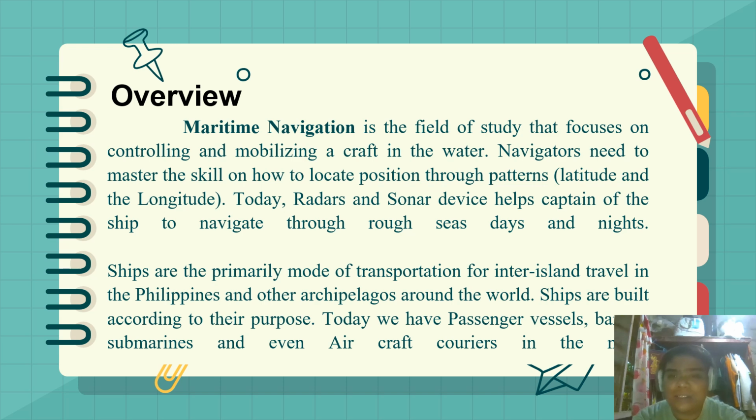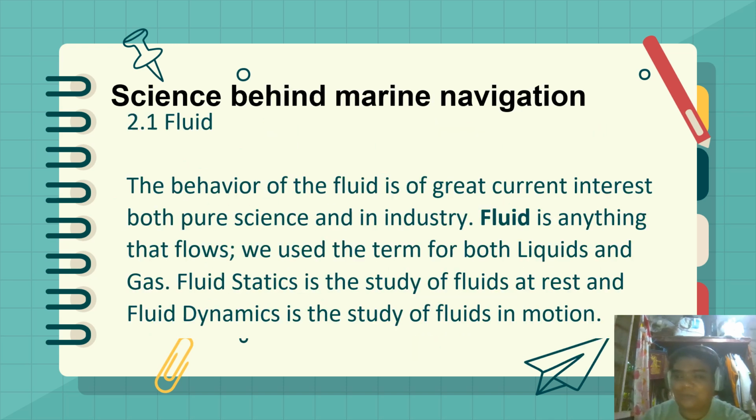Today, radars and sonar devices help captains of the ship navigate through rough seas, days and nights. Ships are the primary mode of transportation for inter-island travel in the Philippines and other archipelagos around the world. Ships are built according to their purpose. Today, we have passenger vessels, barges, submarines, and even aircraft carriers in the Navy.